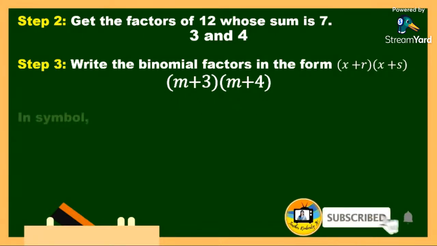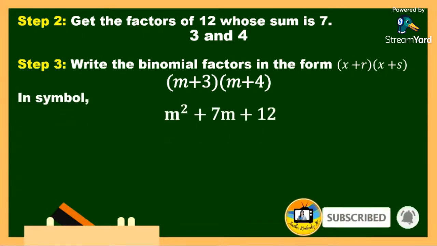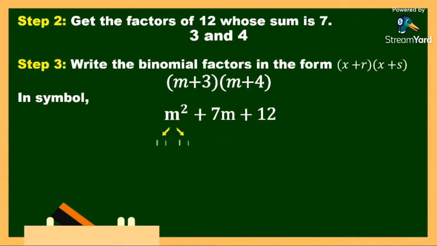In symbol naman, m squared is equal to m times m. And si 12 naman, kung kukunin ang kanyang factors, meron siyang factors na 1 and 12, 2 times 6, and 3 times 4. At kung kukunin natin ang factors ni 12 na merong sum na 7, ito yung 3 and 4.